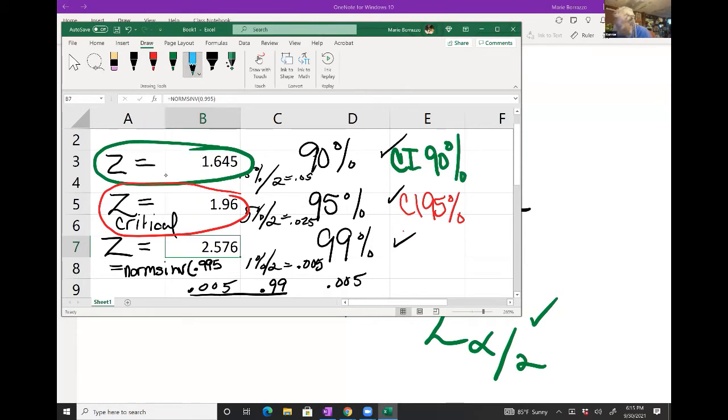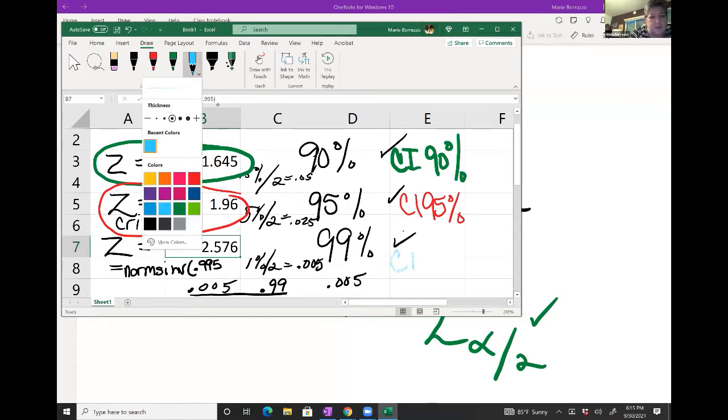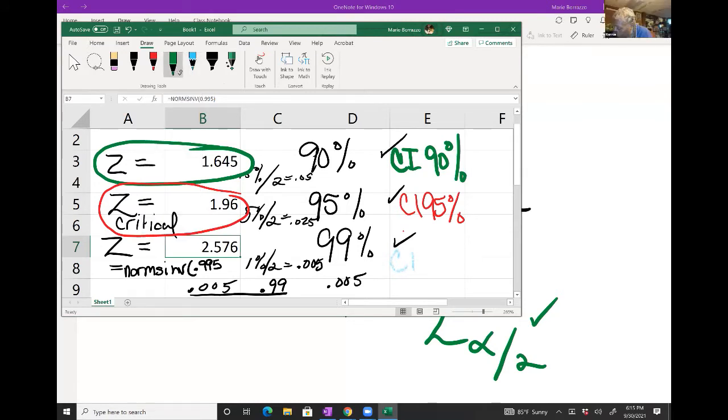If the confidence interval is 99%, it depends on the sample size. That means I'm only leaving a very small margin of error. In that case, my Z critical is 2.576, never changes.